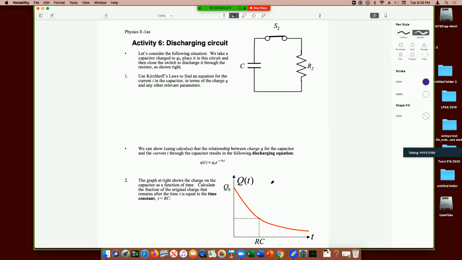So if this resistor was a light bulb, let's say R2 was actually a light bulb, what do you think would happen? I've charged up the capacitor separately, privately, and I put it into this circuit. What do you think is going to happen to the light bulb?